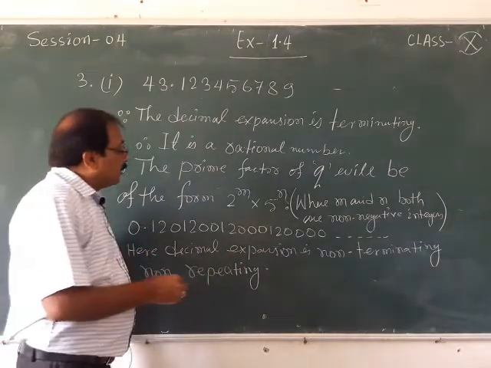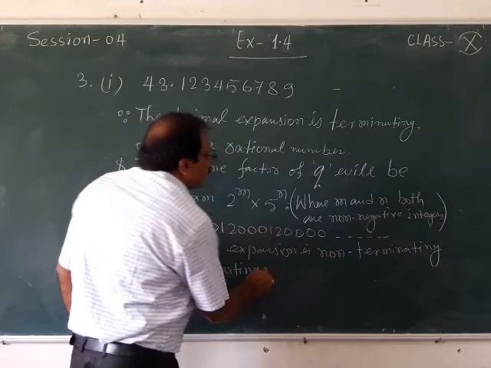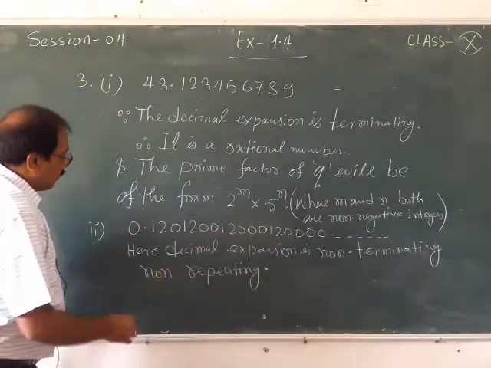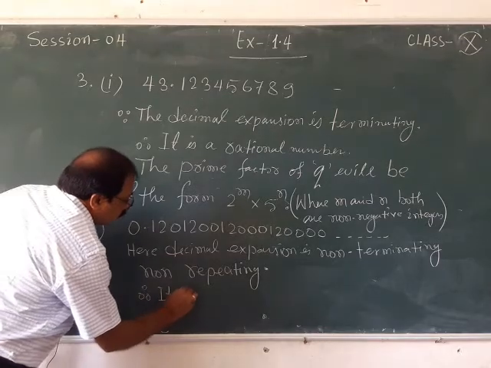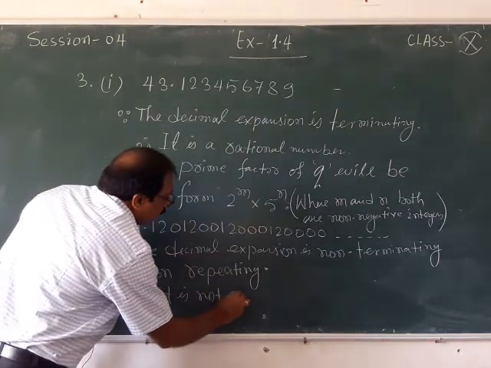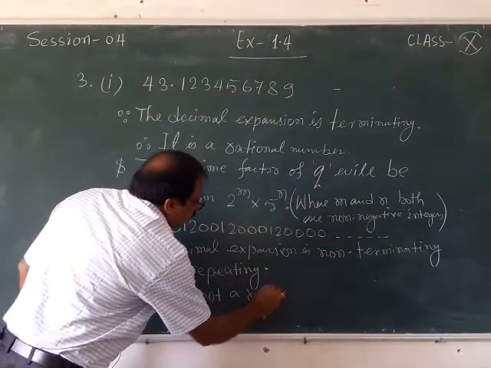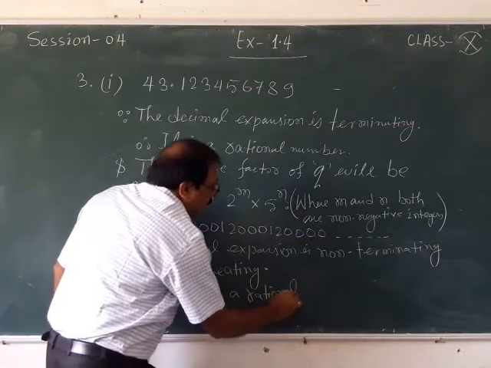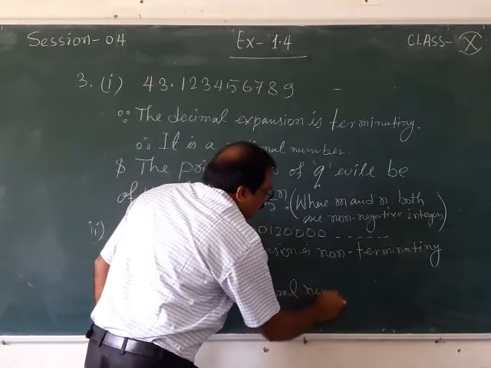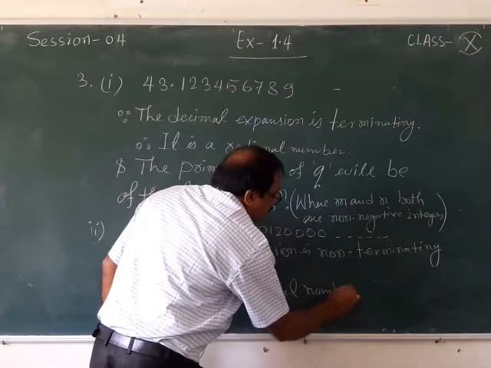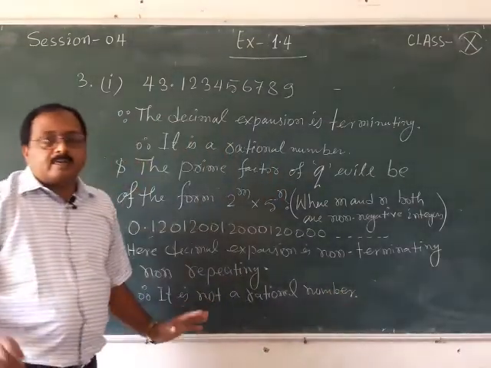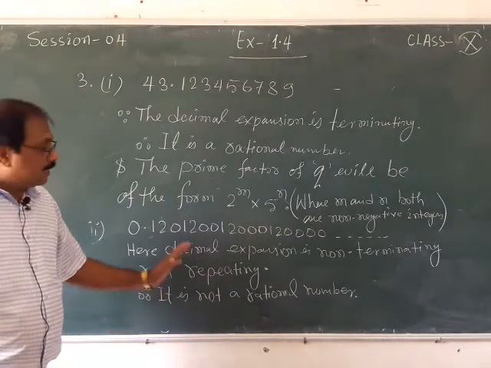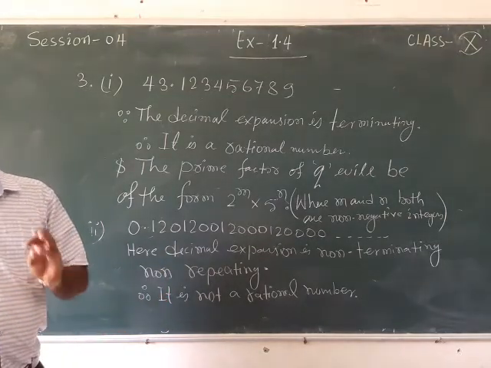Non-terminating, non-repeating means it is not a rational number. Therefore, it is not a rational number. Surely it is an irrational number. So like this you can write.